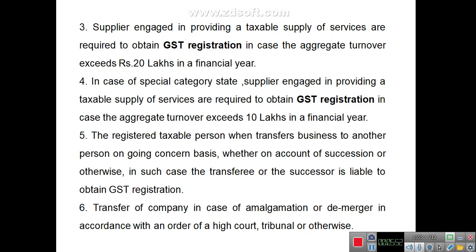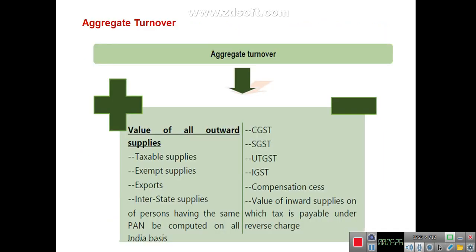So if at any time the business is transferred to any other person as a going concern, or through a will, in that case the transferee or successor has to obtain a new GST registration number. In case of transfer of a company, in case of amalgamation or demerger, in accordance with the order of a court or tribunal, the same transferee company has to register under GST.